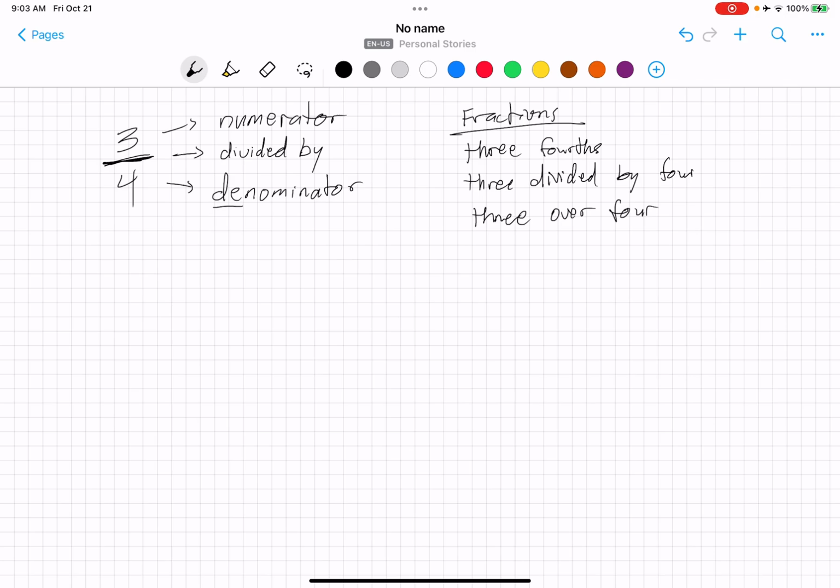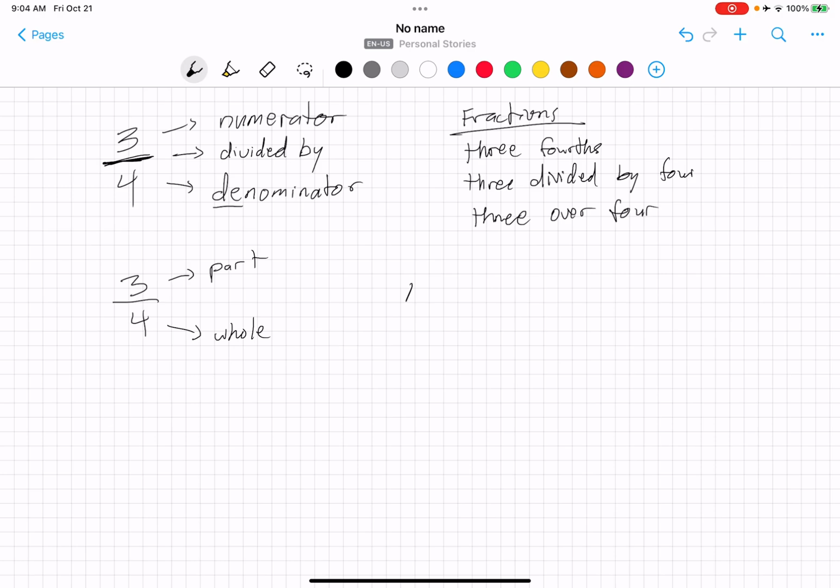Another way to remember fractions, so if we have 3 over 4, we can draw a picture to represent it, and we will here in a minute. But remember that 3 is only part of the number, and 4 is what we call the whole. So a fraction is always less than 1.